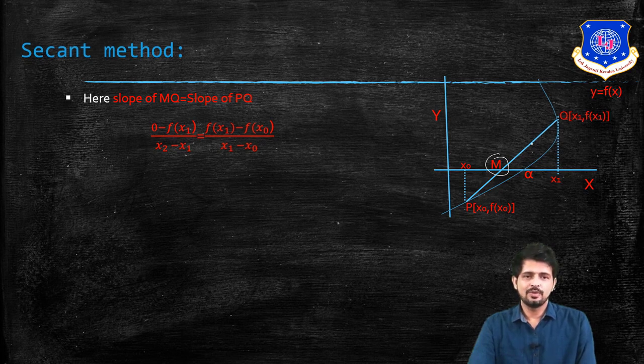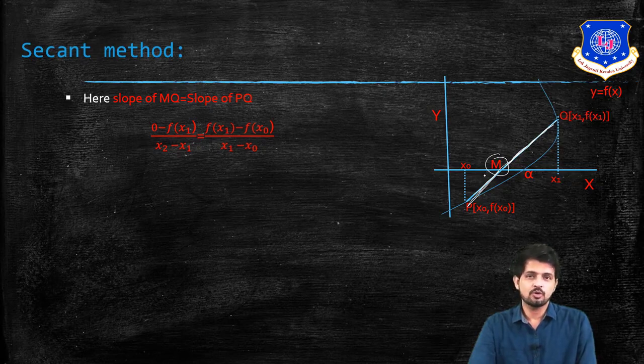Now, the slope of MQ is the same as the slope of PQ, because the line is the same, the line is touching the 2 points on the curve, that is P and Q. So if we consider MQ, then the slope of MQ and the slope of PQ will be the same.